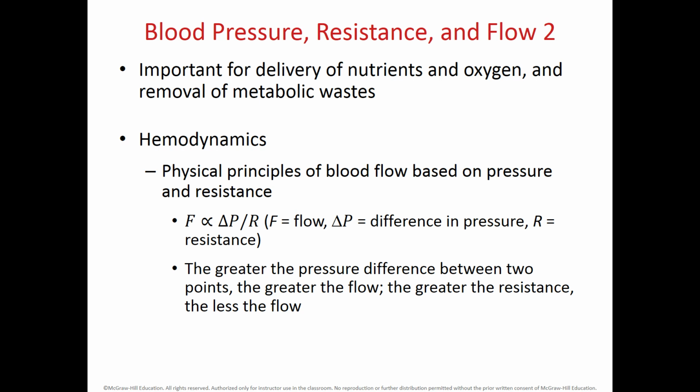And when you have more resistance, you have less blood flow. It's like when you are squeezing part of a garden hose. The more that you squeeze, the more resistance that you provide to this garden hose, the less water that you expect to exit from that end.